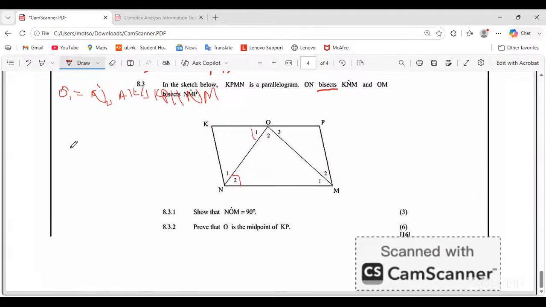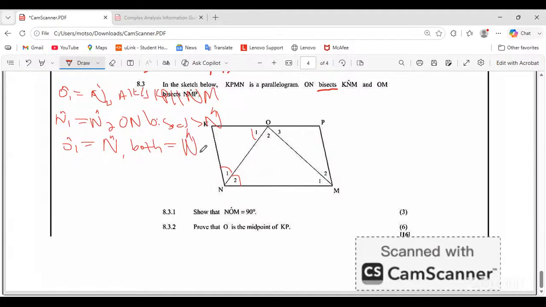So now we will say N1 is equal to N2. Why? Because ON bisects angle N, right? So this angle is equal to this angle. Now, this implies that angle O1 is equal to angle N1. Why? Because they are both equal to N2, just like we see here.